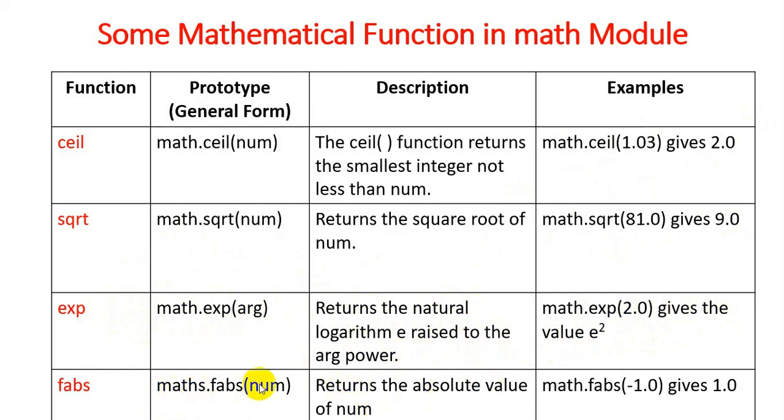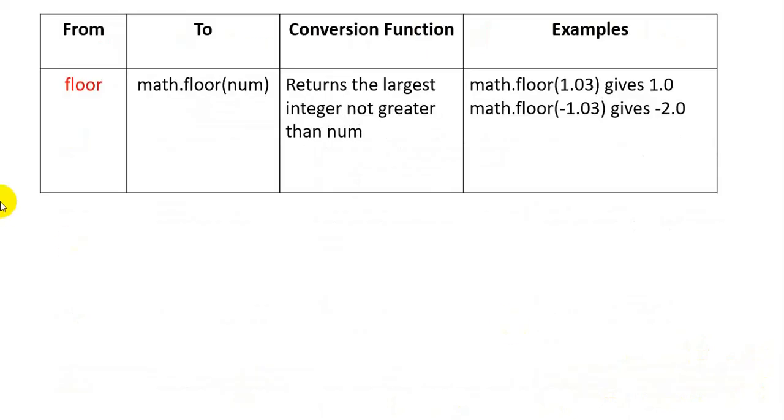When you pass a number with a negative sign to math.fabs, it removes the negative sign and gives the value only, that is the absolute value. Next, the floor function: math.floor of num returns the largest integer not greater than num. For example, for 1.03, the largest integer not greater than 1.03 is 1.0, and math.floor of minus 1.03 gives minus 2.0.